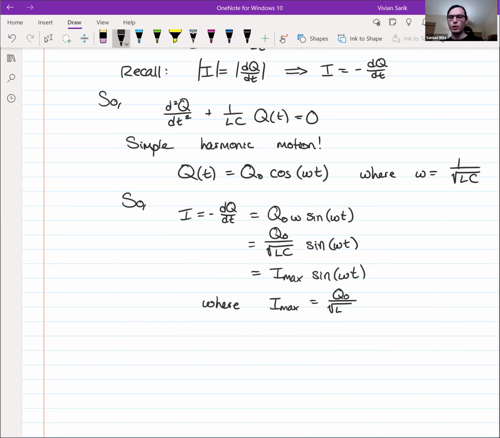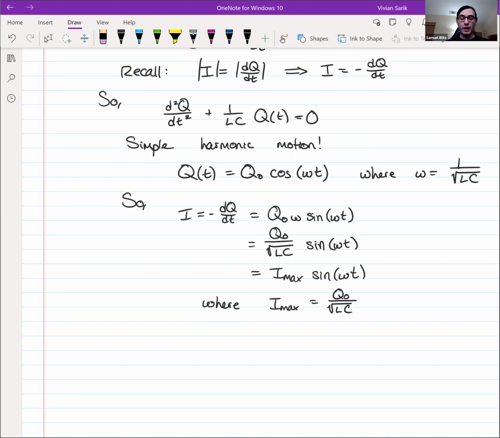It should be clear why I max has that value: that's the coefficient in front of the sine. And we know that sine and cosine have a maximum value of plus 1 and a minimum value of minus 1. So the most current that there could ever be flowing through the circuit is Q naught divided by square root LC. And so that's why we label that I max.